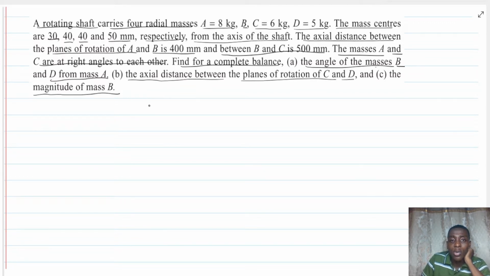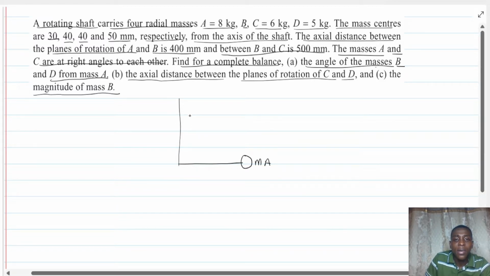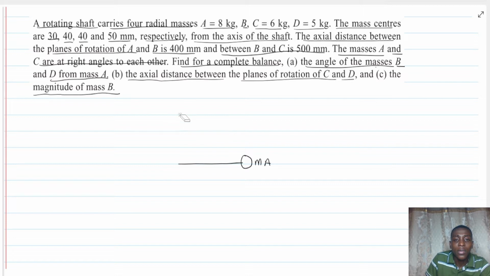So how do I solve this problem? Okay, so I'll start with first of all looking at the angular setting of the masses. So we were told that masses A and C are at right angles. What this means is that if I have mass A, let's say at the horizontal or making an angle of say 0, then mass C will be directly vertical to this one.